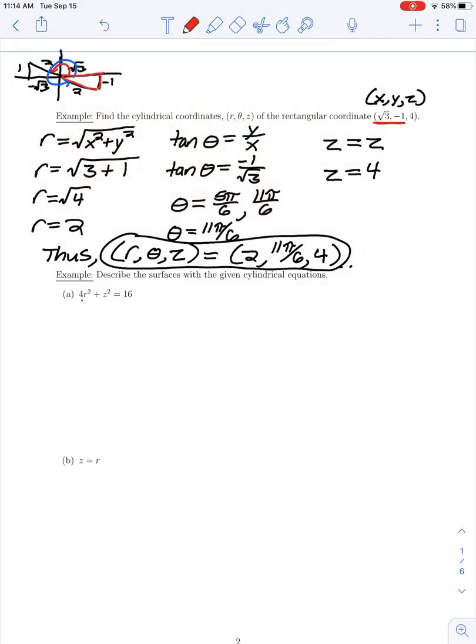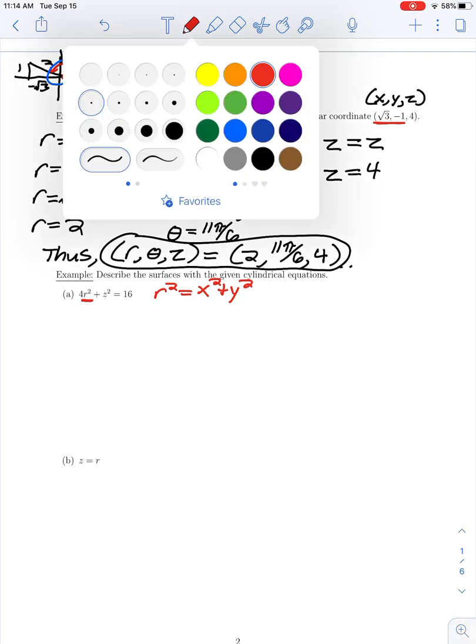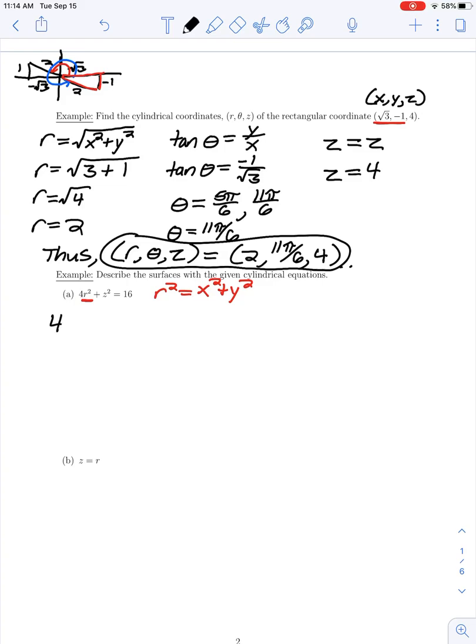So in my equation, where I have this r squared, I know that r squared is given by the sum of x squared and y squared in terms of rectangular coordinates. So if I make that substitution into my equation, I have 4 times x squared plus y squared, plus z squared is equal to 16.